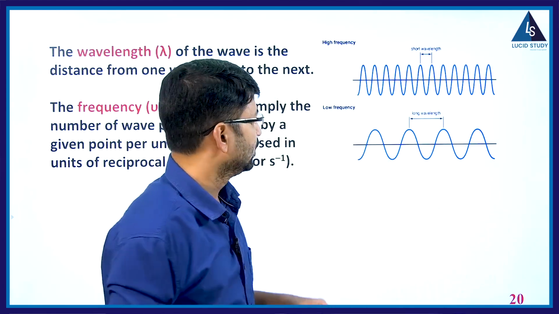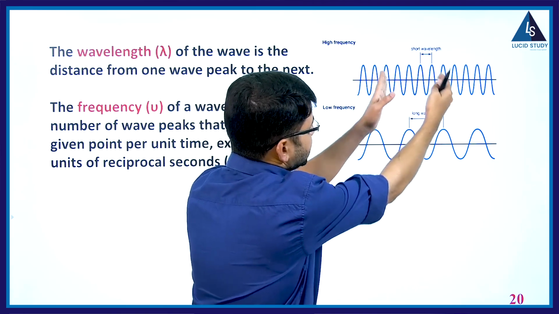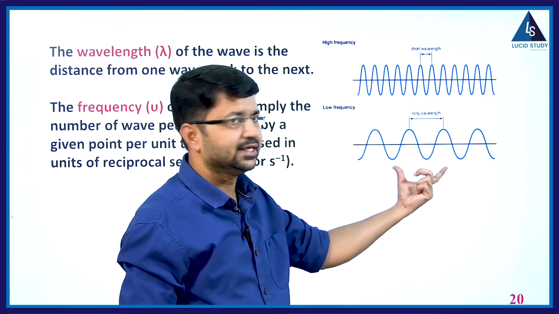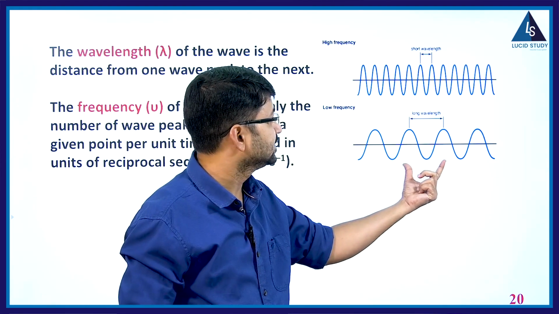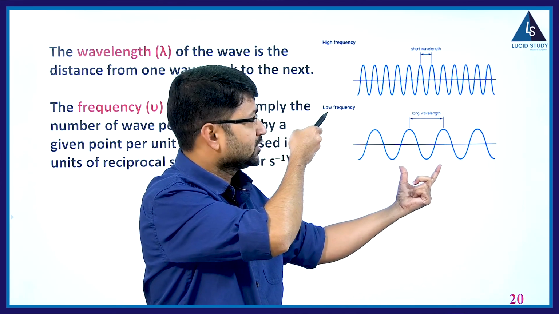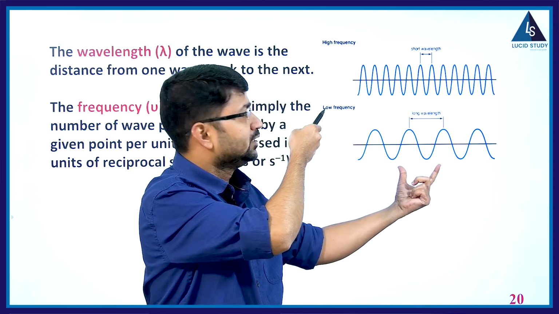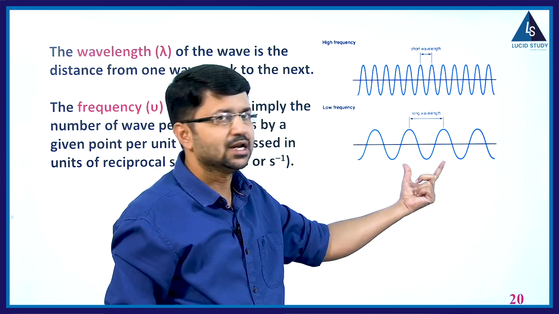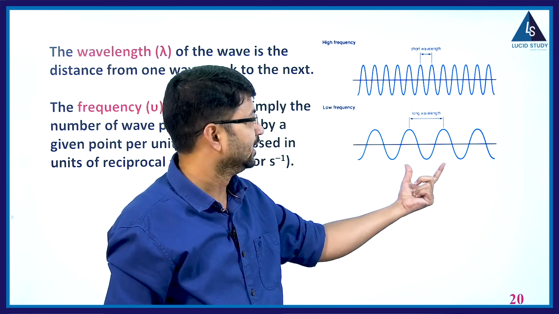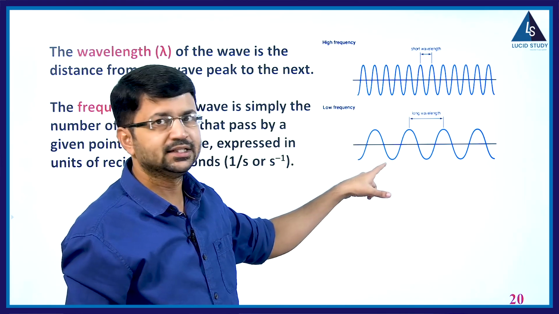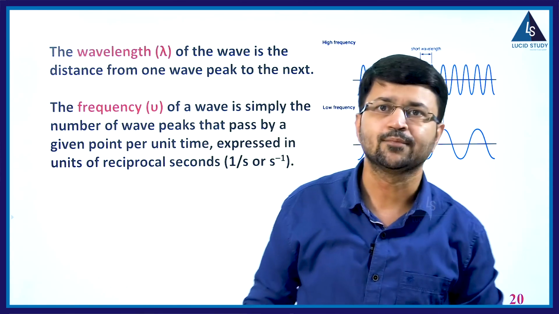For example, take the case of only this much distance or a 10 centimeter distance. Now in this 10 centimeter distance, what happened in the case of the first wave? There, more waves are passing. Here, fewer waves are passing. That means this is a high frequency wave and this is a low frequency wave.